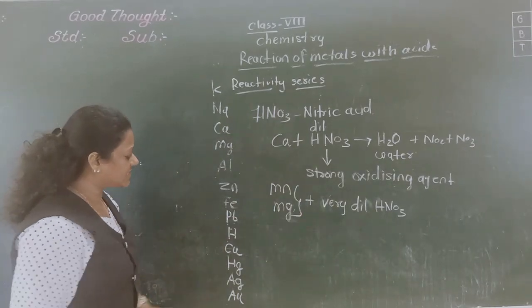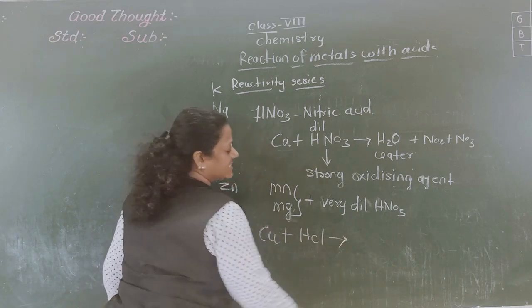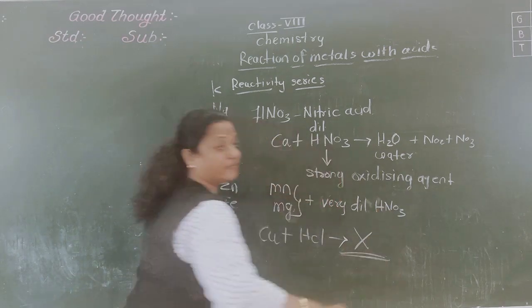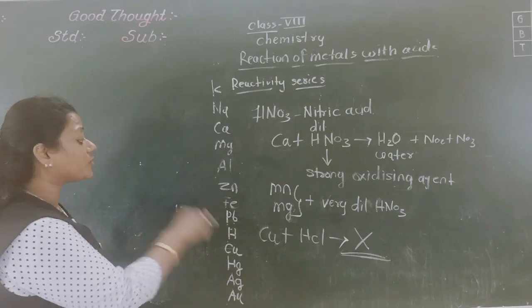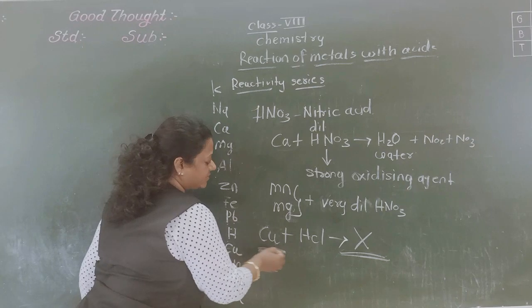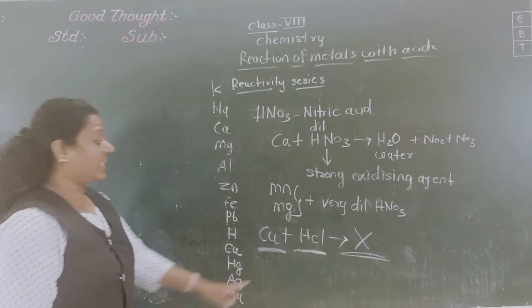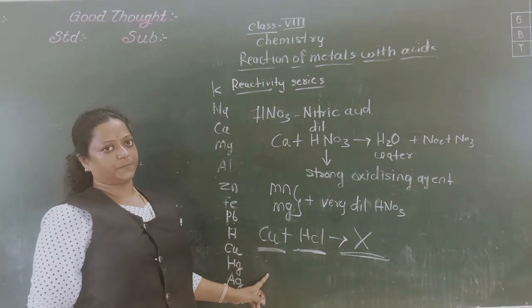Suppose you take copper and HCl, then this reaction is not possible. For your grade, this is not possible, because if you take very concentrated HCl, then it can react with copper.